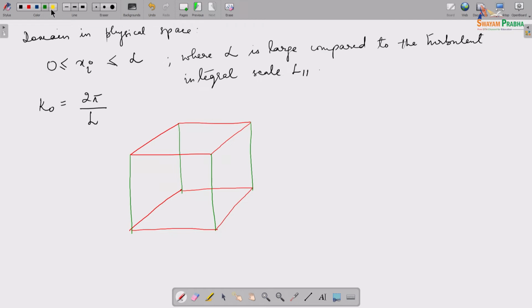Let's just say this is a cubic space. See where I'm going with this?